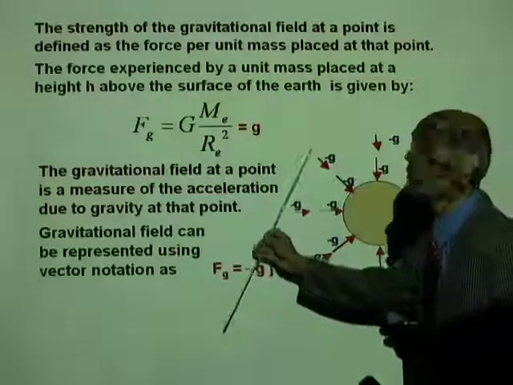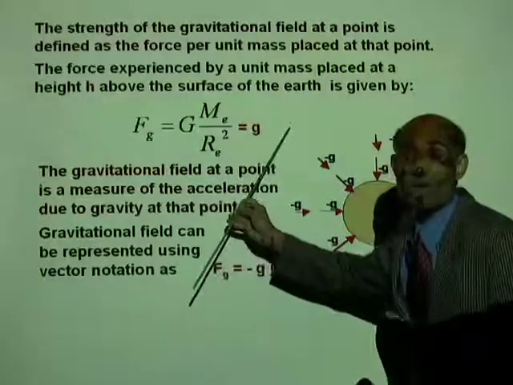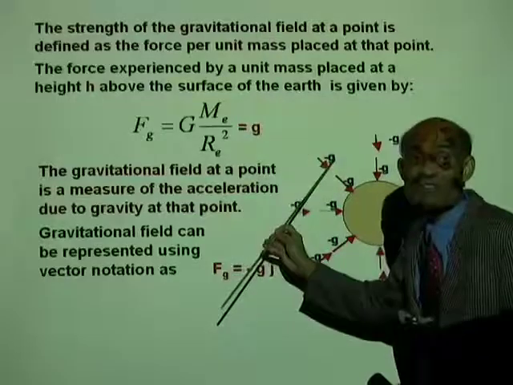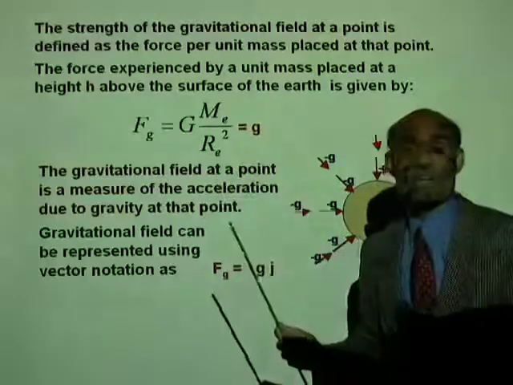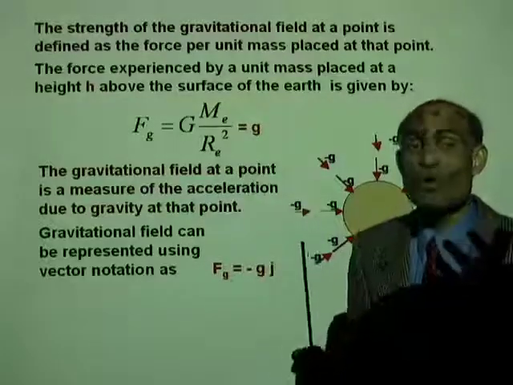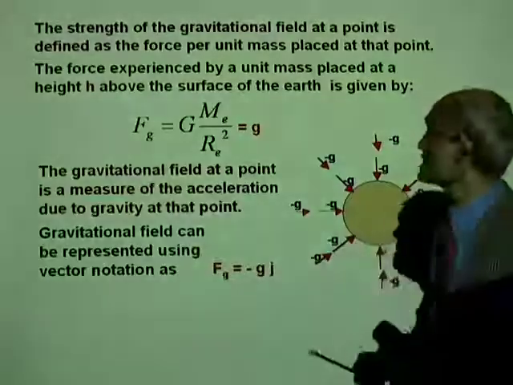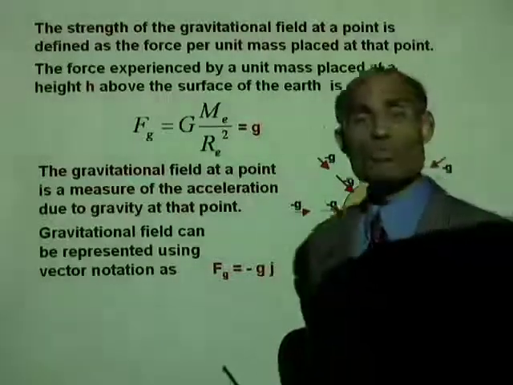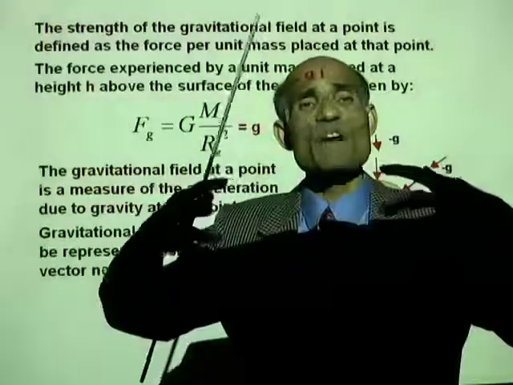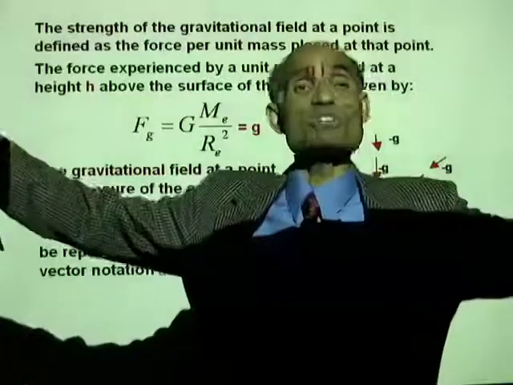So as you go away, the length of the arrow becomes smaller and smaller, indicating that the value of g is becoming smaller and smaller. The gravitational force field becomes weaker and weaker as we go away from the surface of the earth. Now, will there be a point where the gravitational force field due to the earth is absolutely zero?